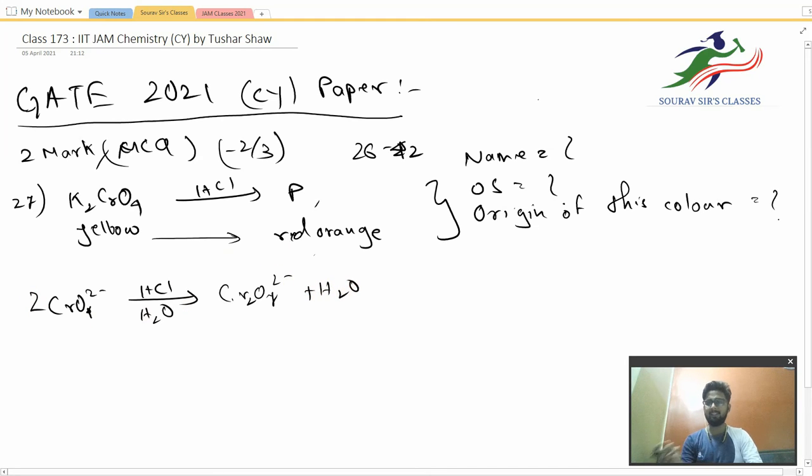We can balance the reaction; this is the exact redox reaction. We have studied how to balance this kind of reaction in our junior classes, so you may apply that concept and get the answer, but that is not a concern here. So the first question is answered: we got the dichromate ion, which is formed via acid oxidation.